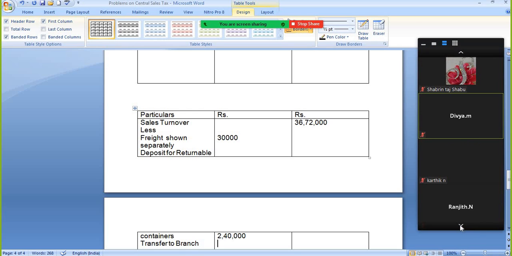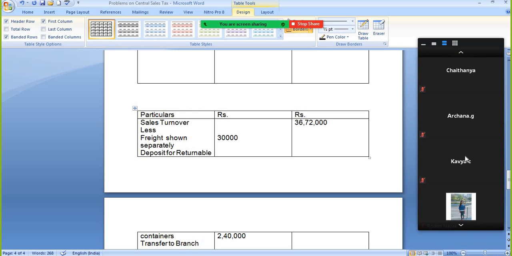Sir, it has been included, so you have to exclude that. Yes, so we have to reduce it. So how much is transfer to branch? What is the amount? 12,15,000.